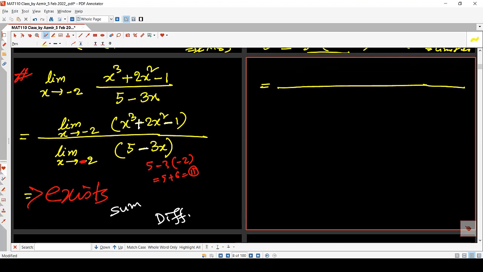So now -2 will be plugged where we have x. So x cubed, that is -2 cubed, plus 2 times -2 squared minus 1. Where we have x, we are just plugging -2. That is the direct format.